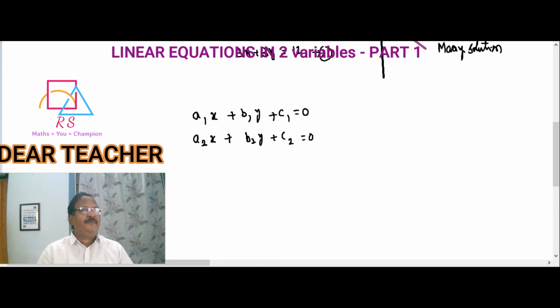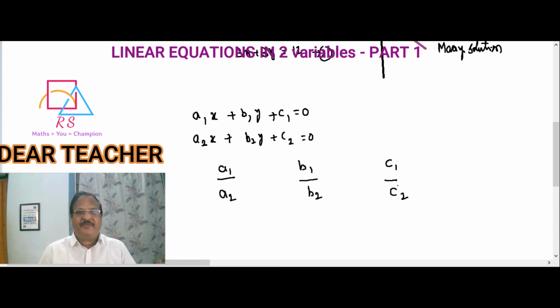What happened if you take this? Everything depends on A1, the coefficient of x in the first equation, A2, the coefficient of x in the second equation, B1, the coefficient of y of the first equation, B2, the coefficient of y of the second equation, C1 and C2.